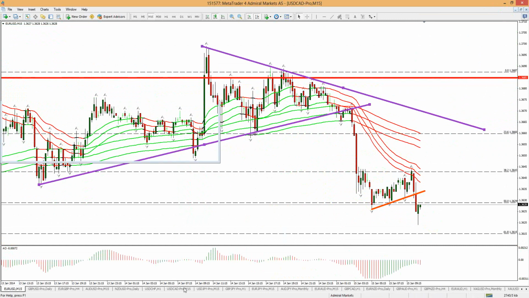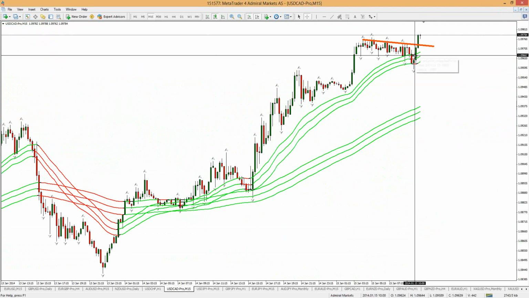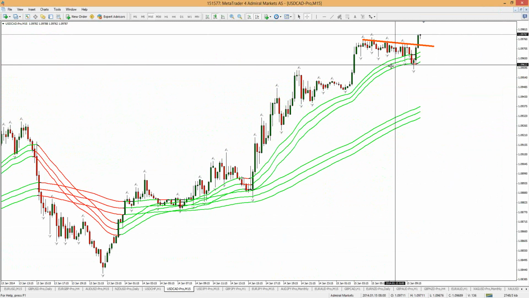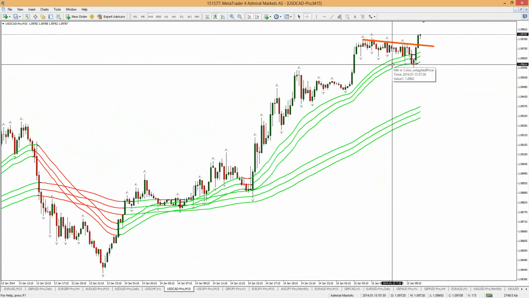Dollar CAD is moving up again, yeah. Good. Yeah, so there's definitely potential to get closer to that 110.